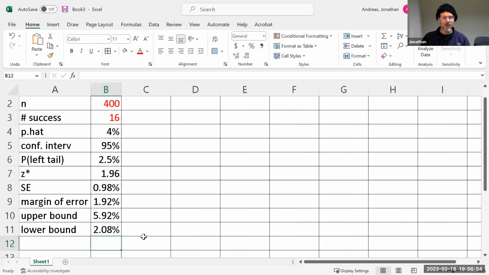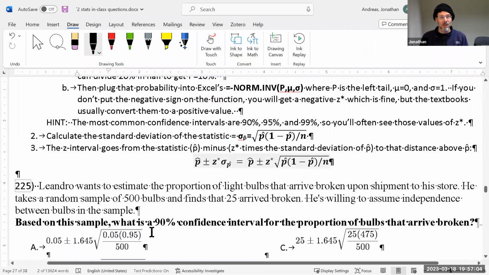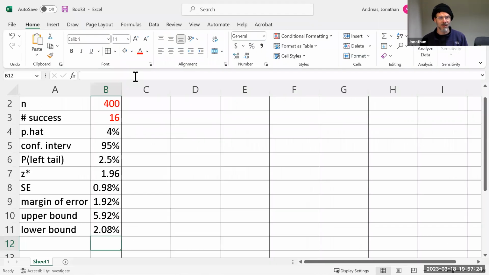And so that's basically what I said, that what we think is that the answer to this question is going to be roughly in the order of 2% and 6%. That we're 95% sure that it's in this area, and that our best guess is that p hat is equal to 4%. And I've done a little bit of rounding here, it's actually 5.92 and 2.08 for the upper and lower bounds.